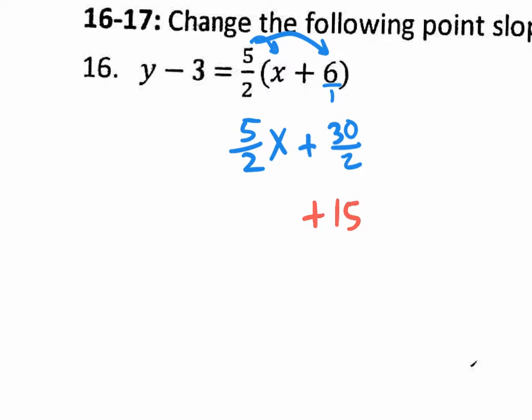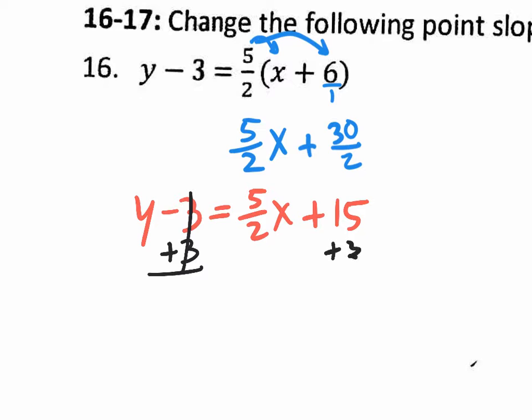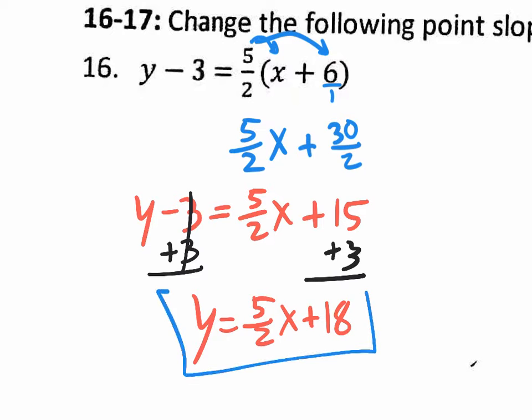So we have plus 15, we have a 5 halves x, and we have the equal sign and a y minus 3 on the left side. So the only other thing I need to do is get rid of that minus 3 by going plus 3 and plus 3, and you will have y equals 5 halves x plus 18. And that is your slope-intercept form equation.